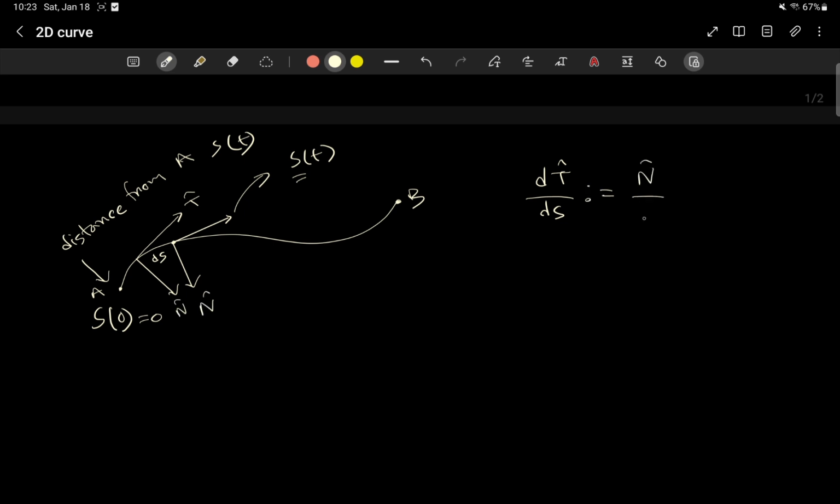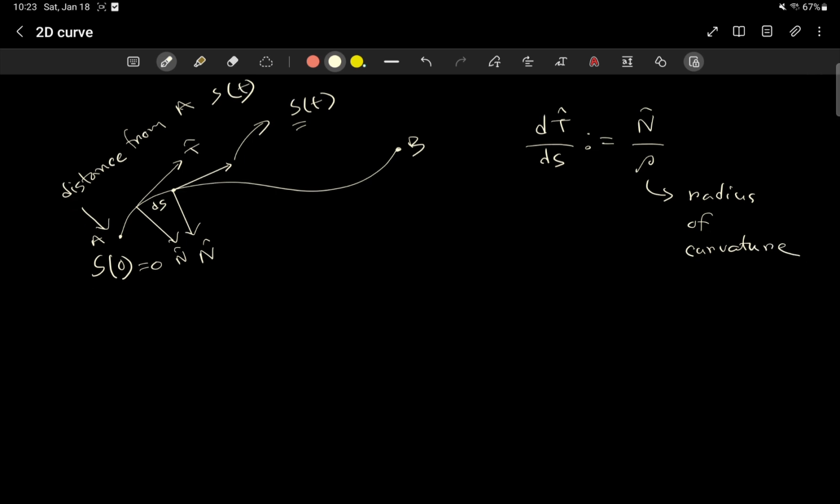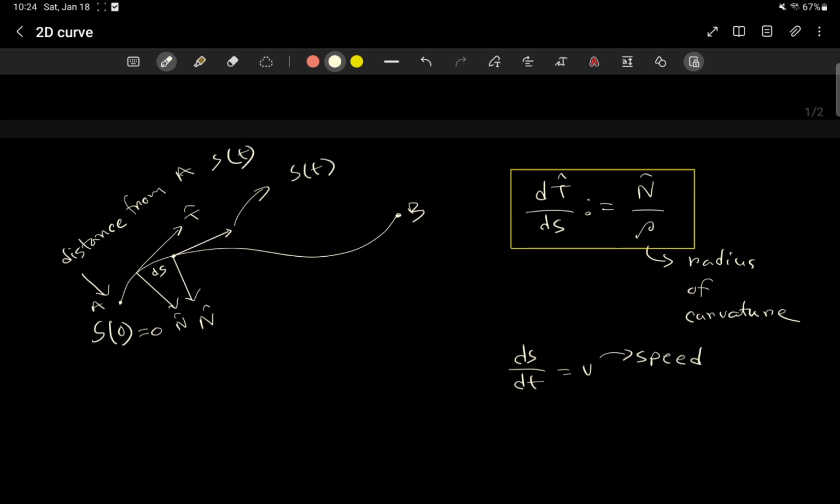These are normal vectors, n divided by rho, where rho is the radius of curvature. Now we are going to set something up. As s corresponds to distance from a, thus ds/dt means the speed. This is the speed the particle is going, and t is the time parameter.